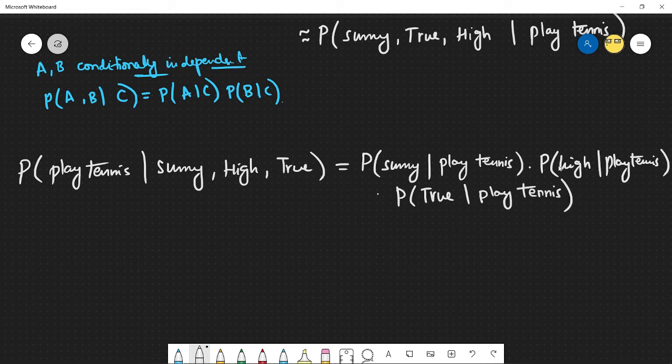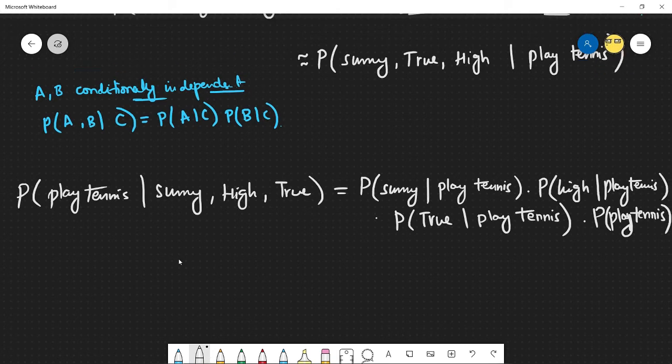And that was all of our likelihood, times the prior, of course, which is the probability of play tennis itself. So we're now easily able to compute the probabilities of me playing tennis or not playing tennis given several attributes, based on just products of conditional probabilities. No longer am I using joint probability distributions going forward.